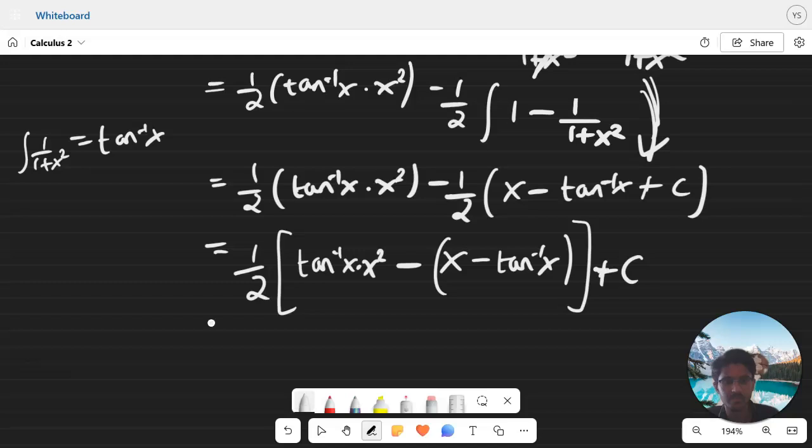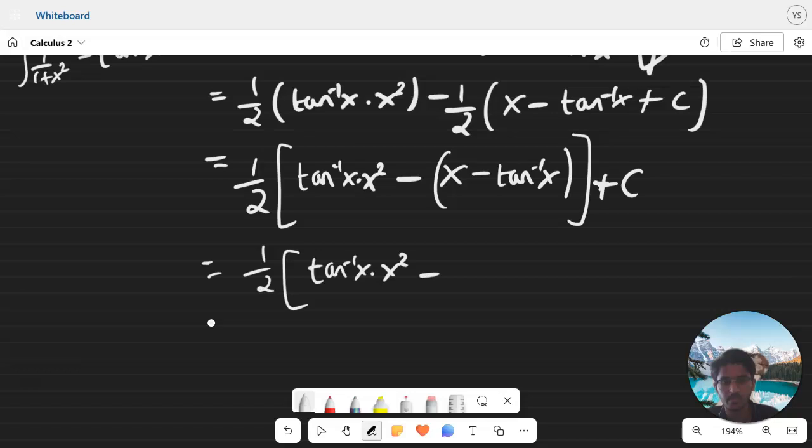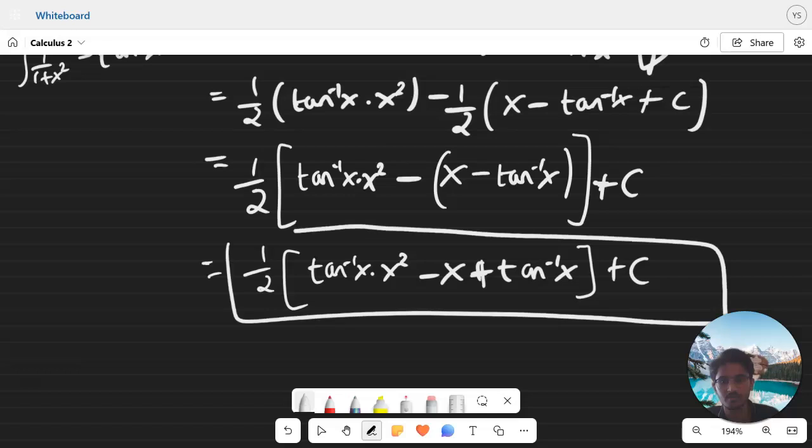We could just put the plus c outside since that's just a constant. And to simplify further, we could write one half times tan inverse of x times x squared, minus x plus tan inverse of x. That's our final answer.